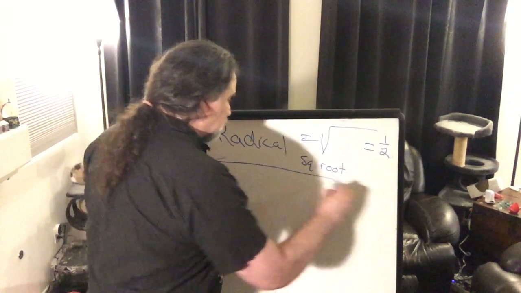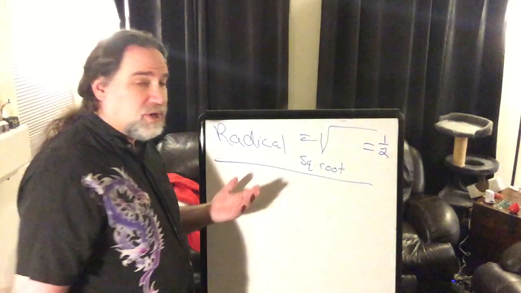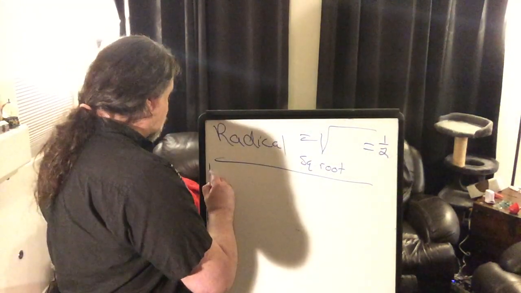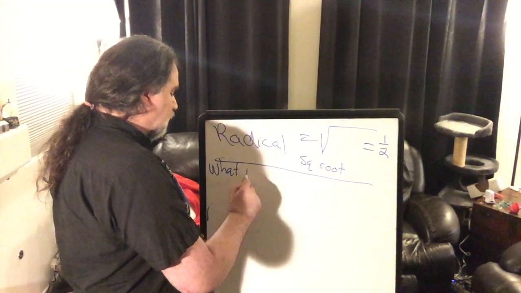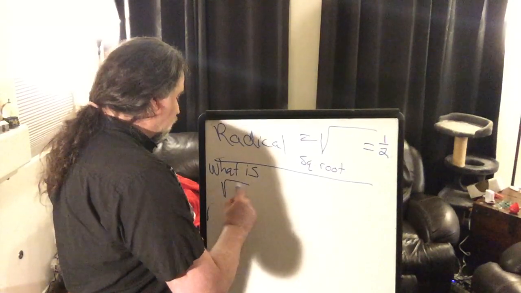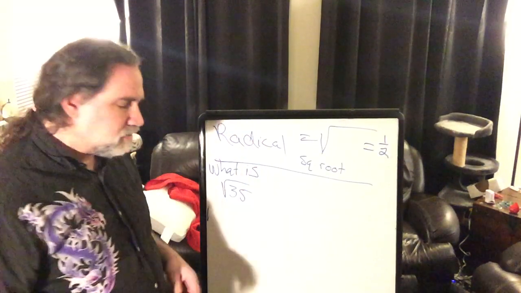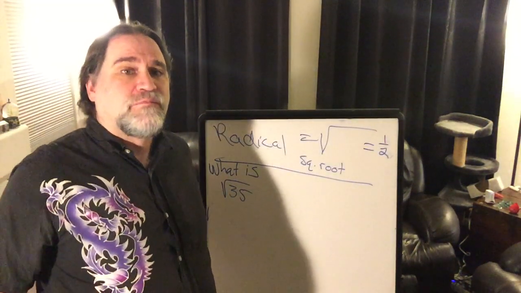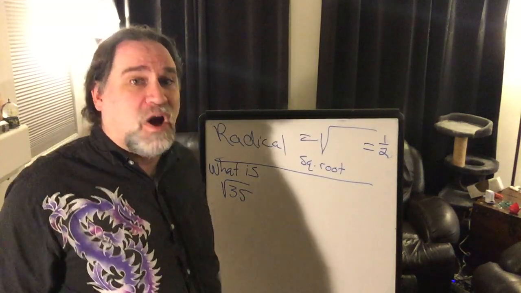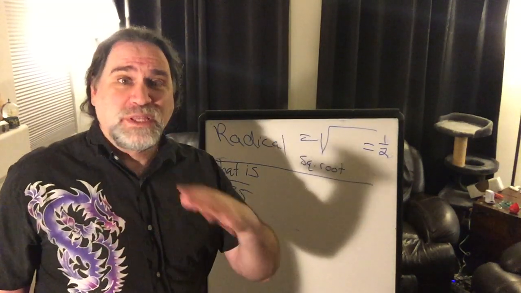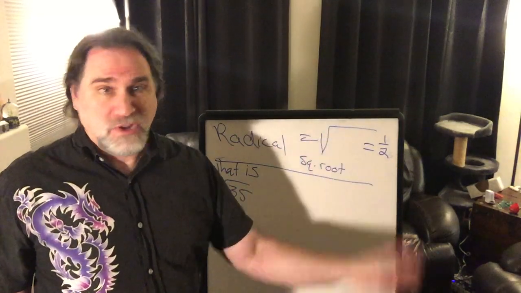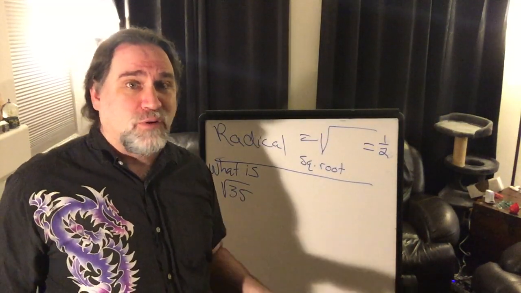So let's start with the simple. Like I said, we did the square root of 9, which was 3 or -3. But what if we don't know it? What is the square root of 35? Now, I honestly don't know it. In fact, nobody knows it. They could figure it out.